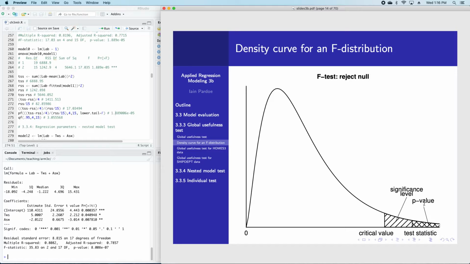And I've also got the p-value, which is the tail area beyond the test statistic, being smaller than the significance level, which is the tail area beyond the critical value. So this is typically what happens in a multiple linear regression analysis: we end up with a global F statistic, or an overall F statistic, that's in the rejection region with a p-value smaller than our significance level.